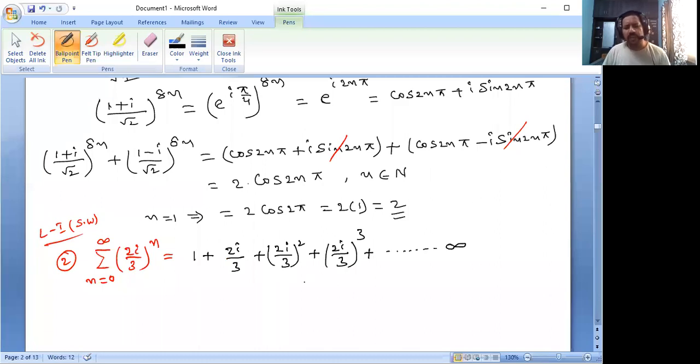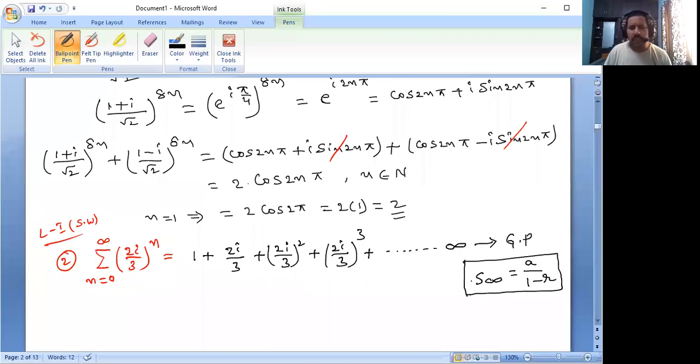See, this is one series. Which type of series is that? I think this is a GP series. The sum of an infinite GP series formula you already know very well. That is a by 1 minus r.